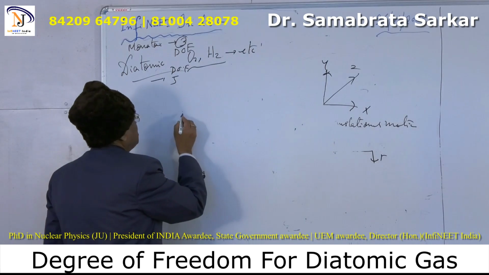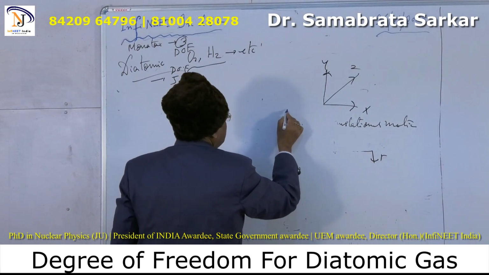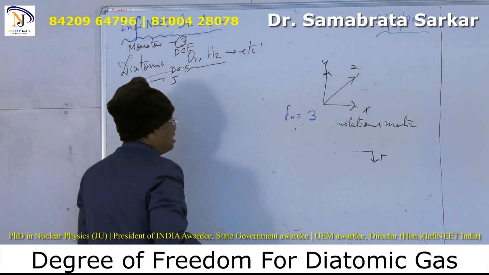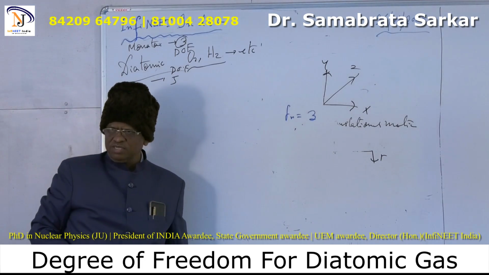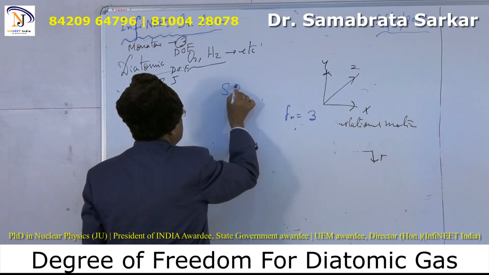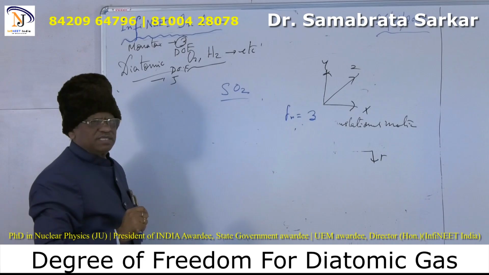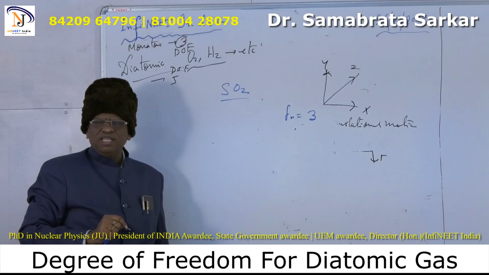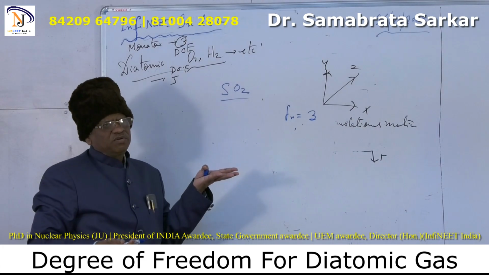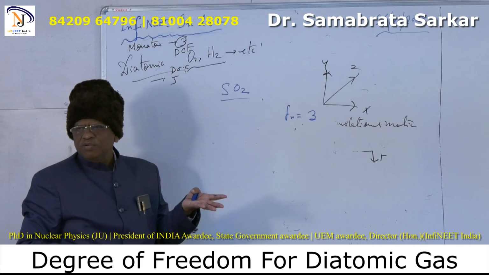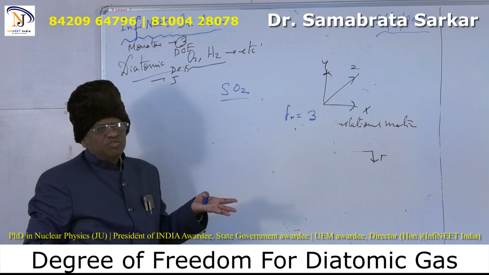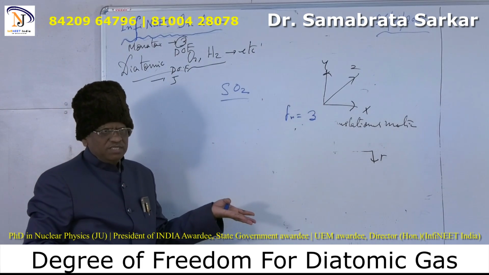Now you see, there are three dimensions. That is, translational motion is F equals 3. And here rotational motion is there. There are two cases: one is linear and the other is non-linear. In case of linear, degrees of freedom equals 5. And in case of non-linear, degrees of freedom equals 3 plus 3, 6.